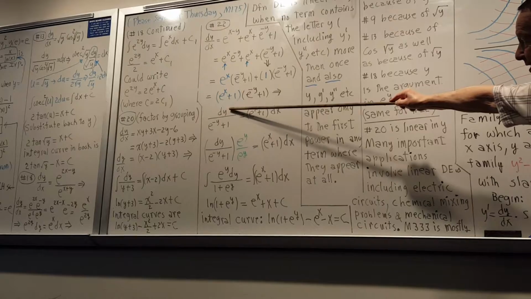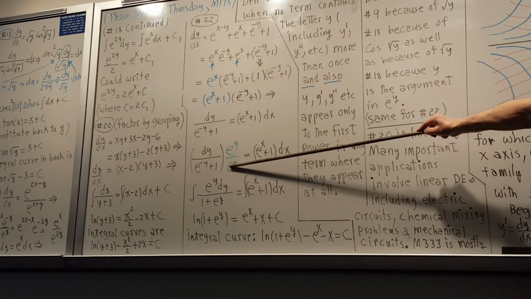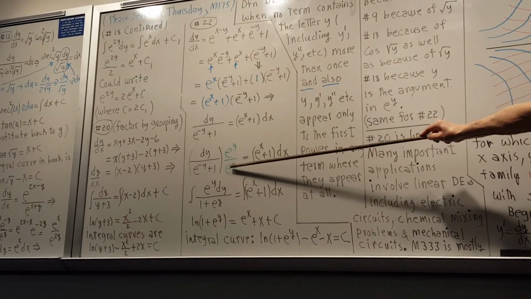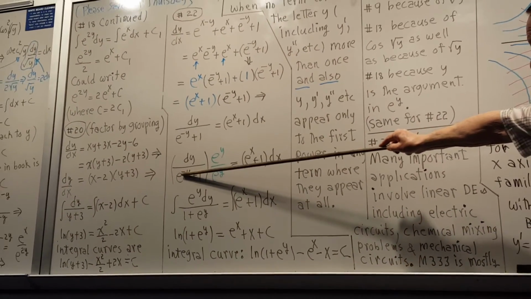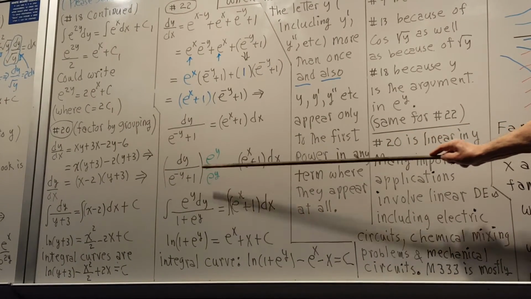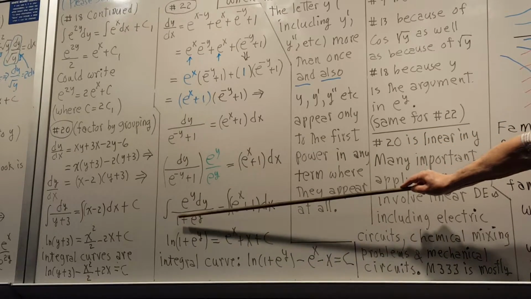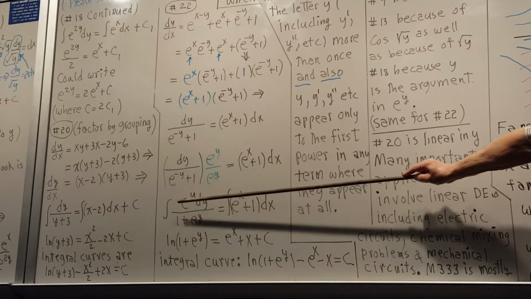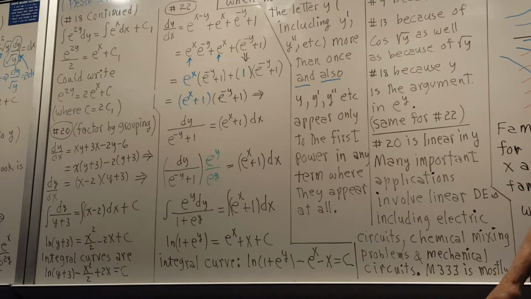If you multiply and divide this fraction by e to the y, which is legal, and multiply the e to the y through down here, you get 1 plus e to the y on the bottom, and this e to the y dy on top. So if you call that u, this is du. So that's pretty tricky, but it works.